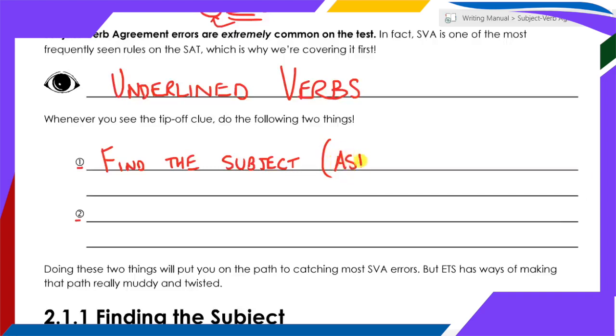If you want to write this down, you can ask yourself, who or what, and then just insert the verb into this blank, who or what, and then insert the verb.